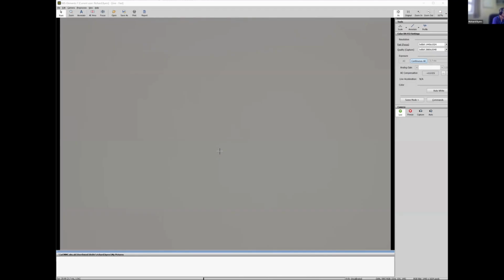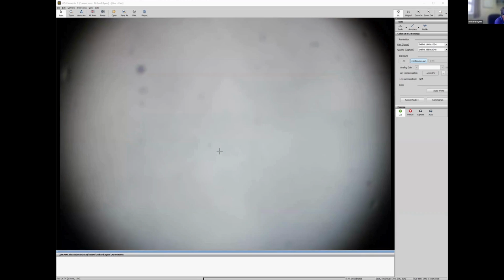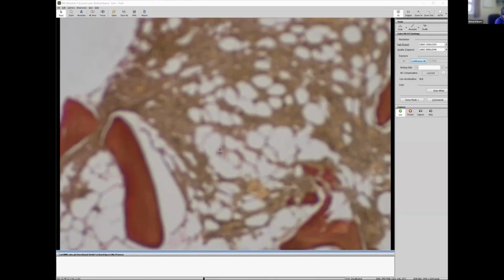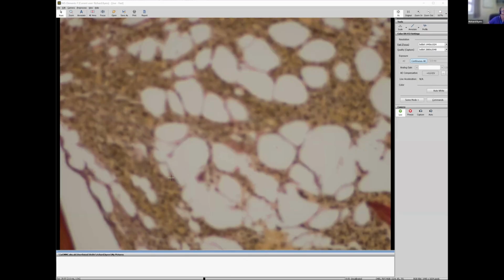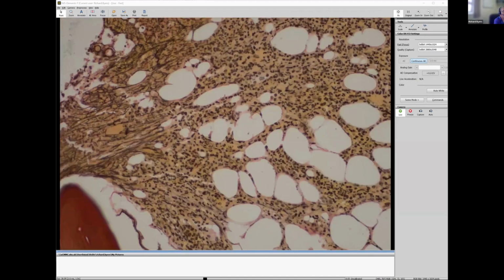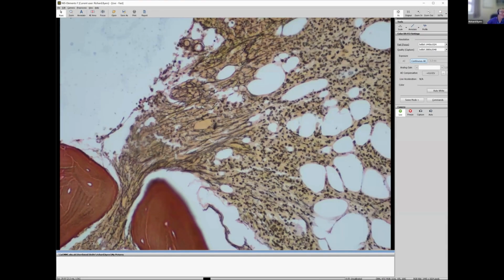So looking at the retic for this one, the retic isn't increased as much as the other one. The other one was up to grade 3. This one, we have got coarse fibers, but I don't think we've got the same degree of collagen fibrosis here.